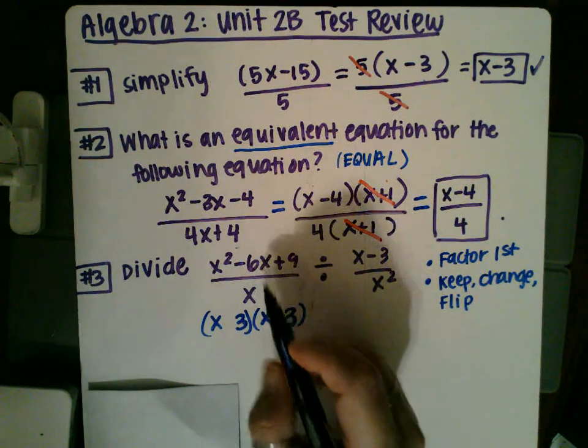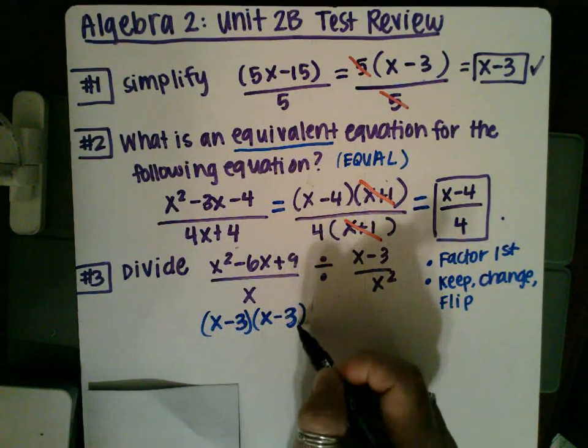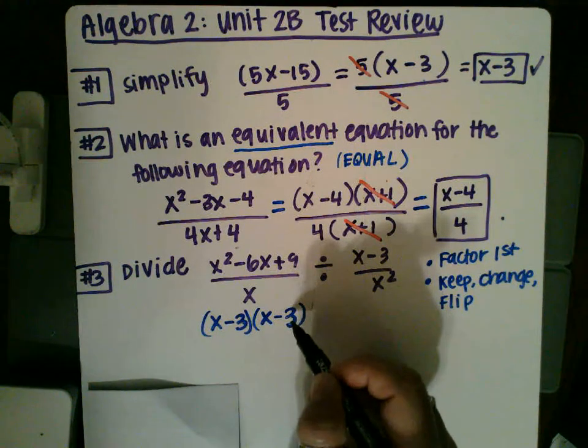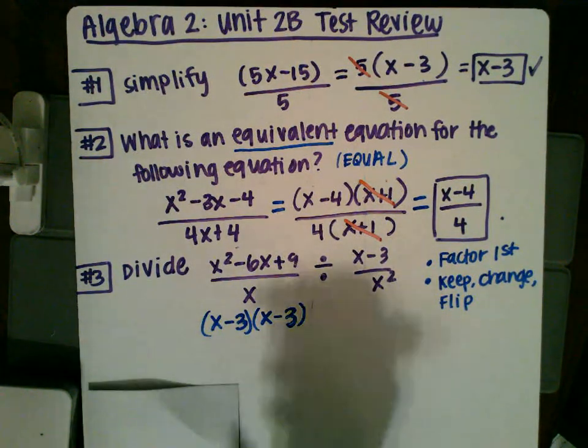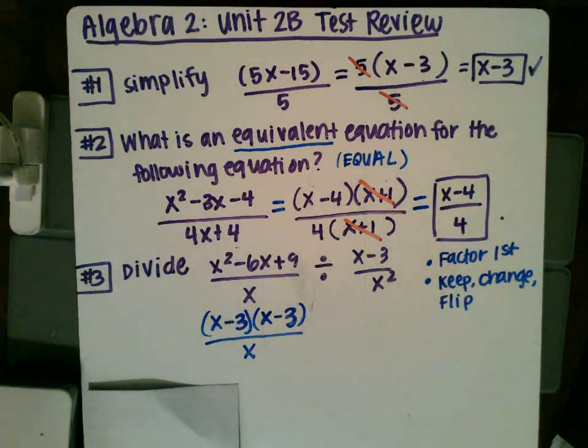But I need negative 6, so I can make them both negative because negative 3 times negative 3 is positive 9, and negative 3 plus negative 3 is negative 6. So I factored the top expression. The denominator is just x, so it is luckily fully factored.